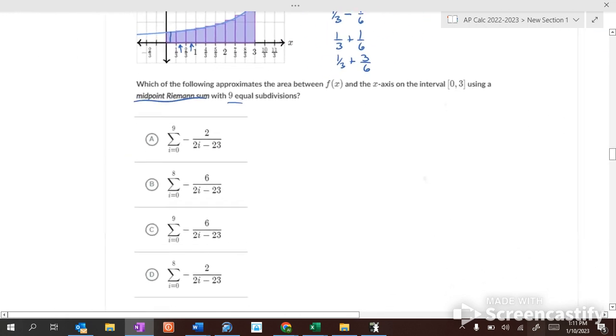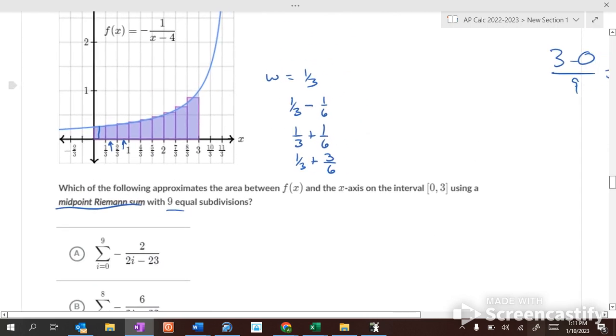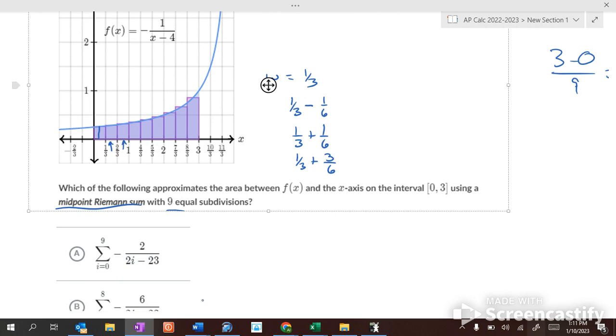All right. So I'm adding 2/6, which is 1/3 each time.